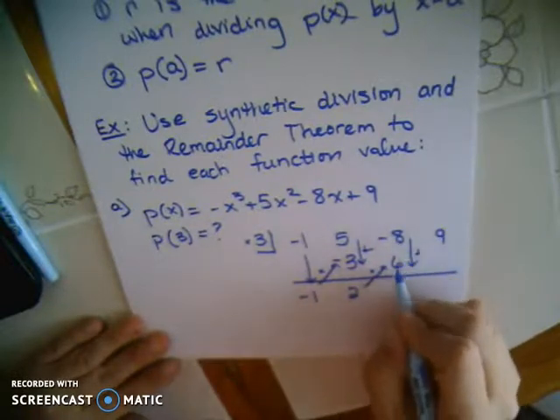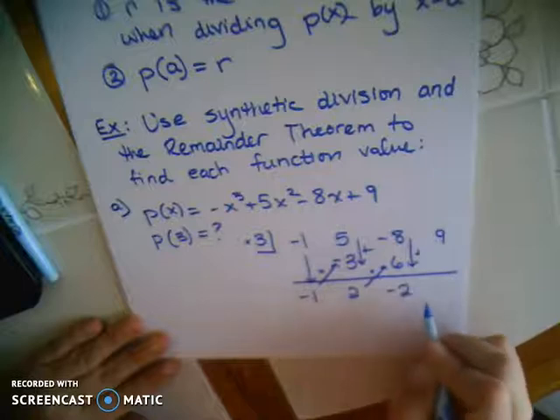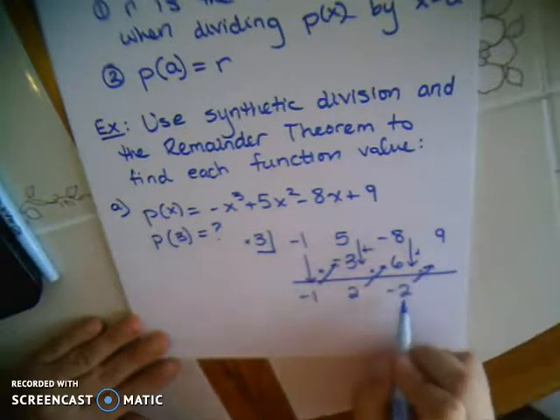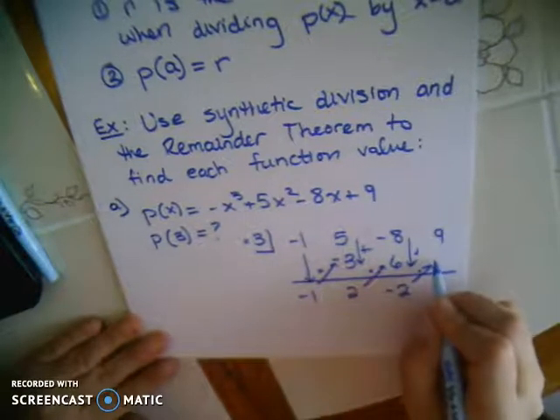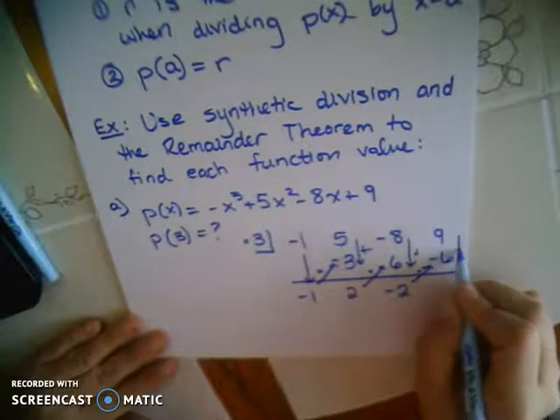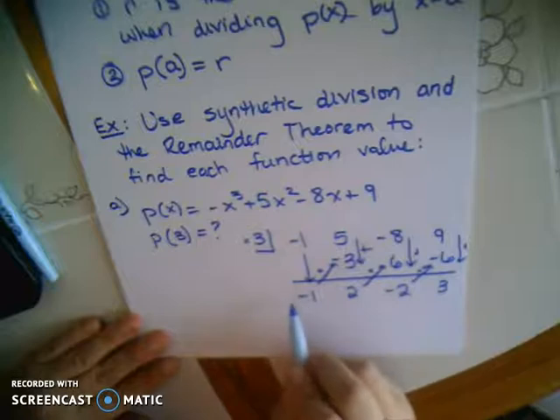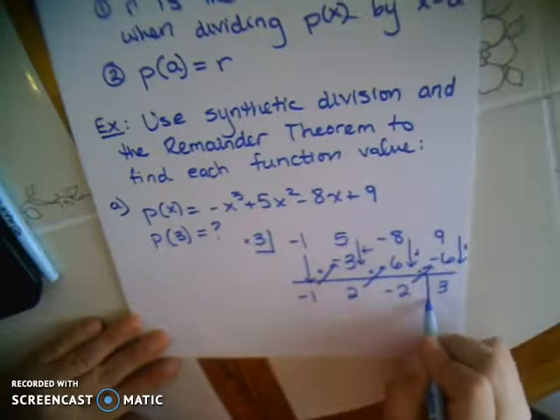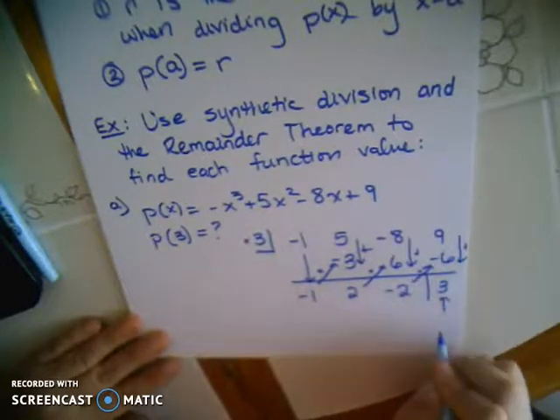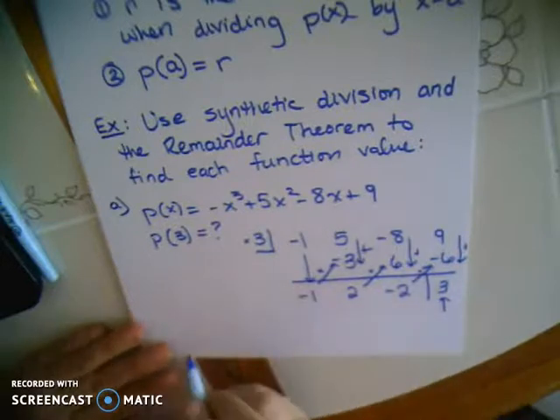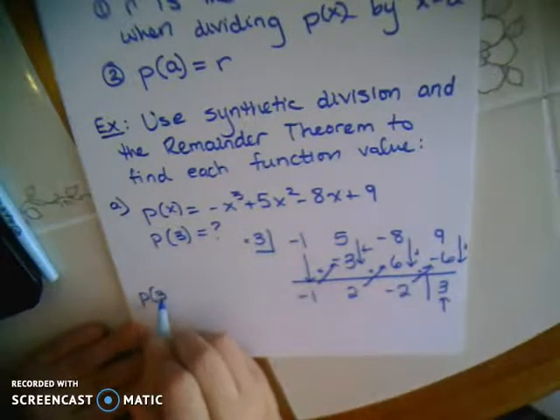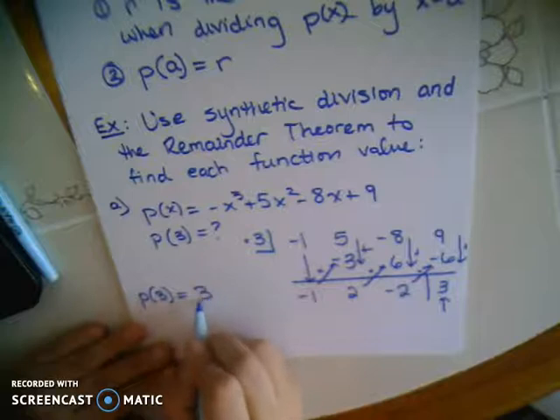Add to go down. -8 and 6 is -2. Multiply to go up. -2 times 3 is -6. Add to go down. 3. And remember, the last number is always the remainder. So what this says is that P of 3 should be equal to 3.